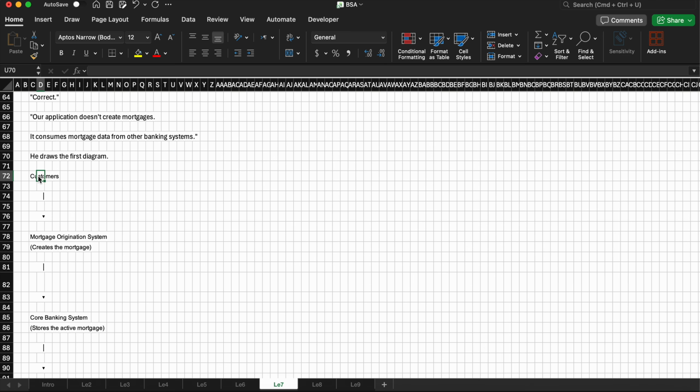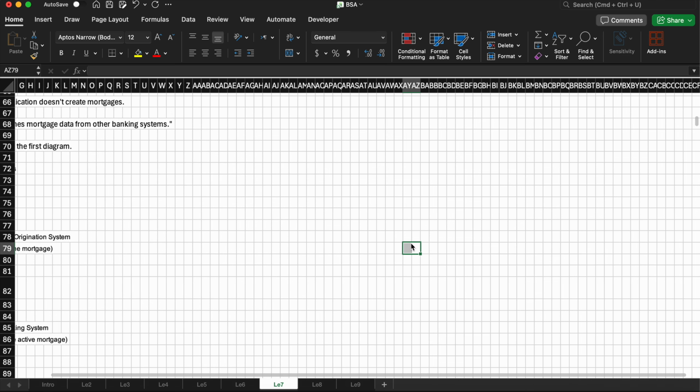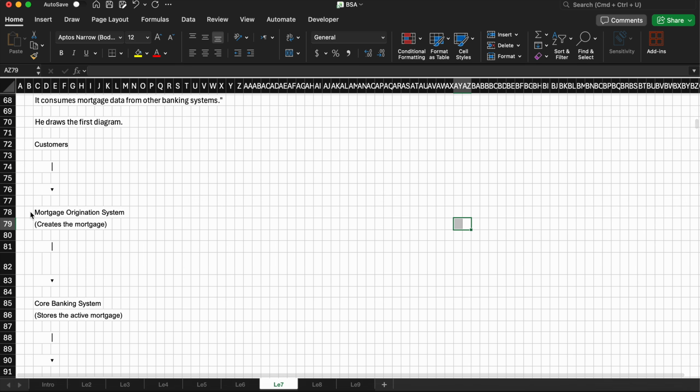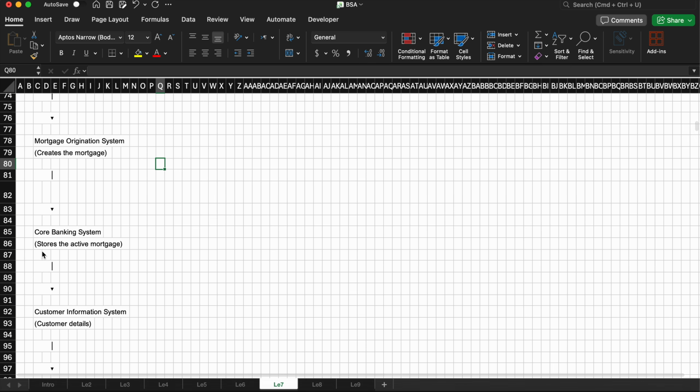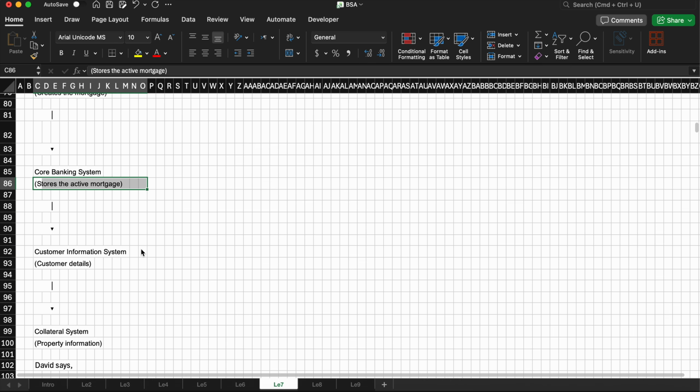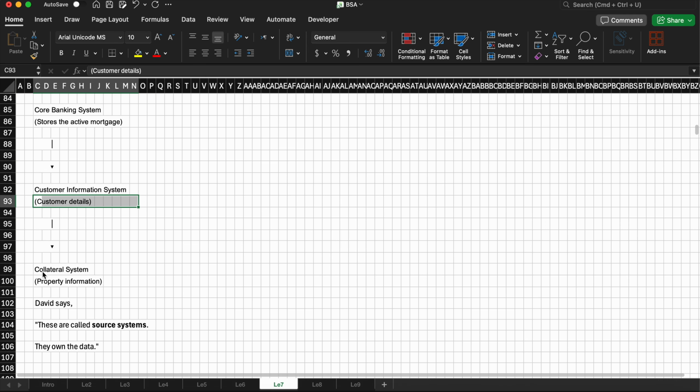So customers, mortgage, I hope this is clear to you. The mortgage origination system creates the mortgage application. We don't take this data. The core banking system stores the active mortgage. Then customer information, customer details, demographics data, and the collateral system holds property information.